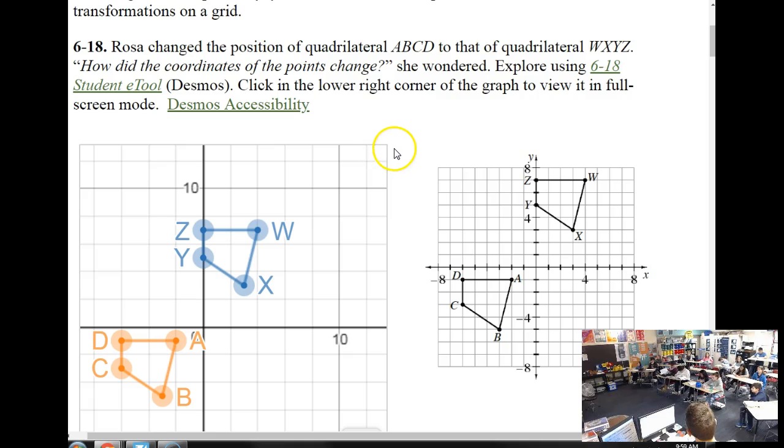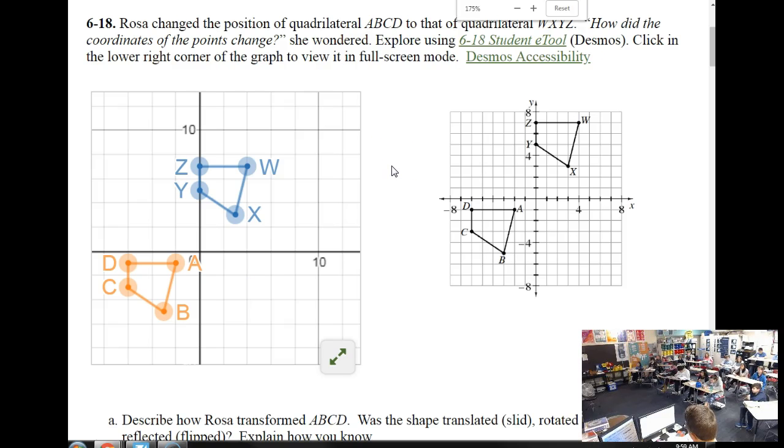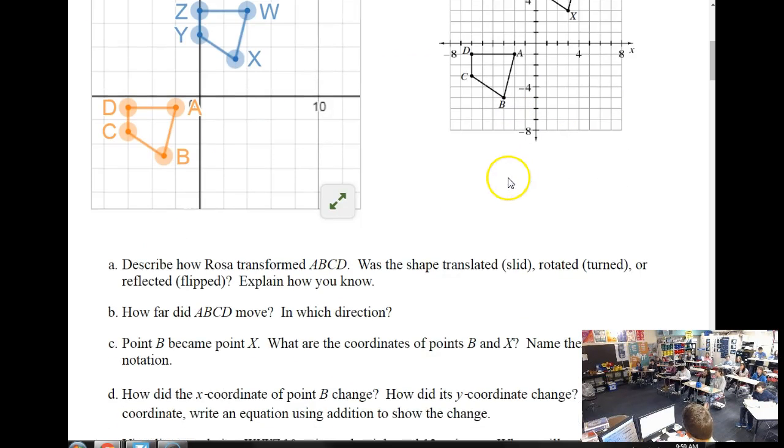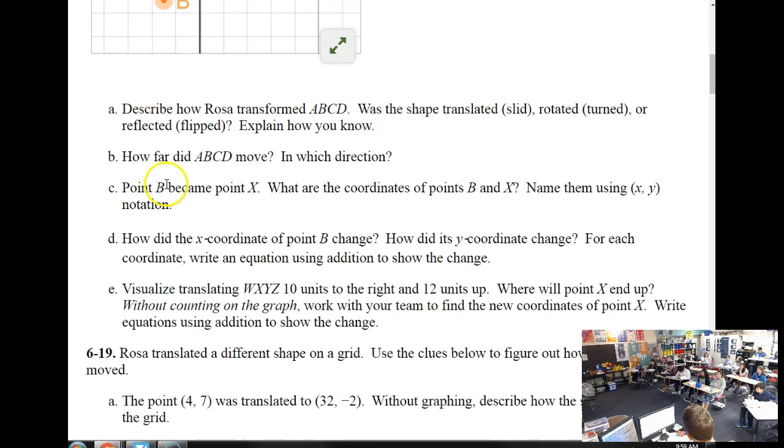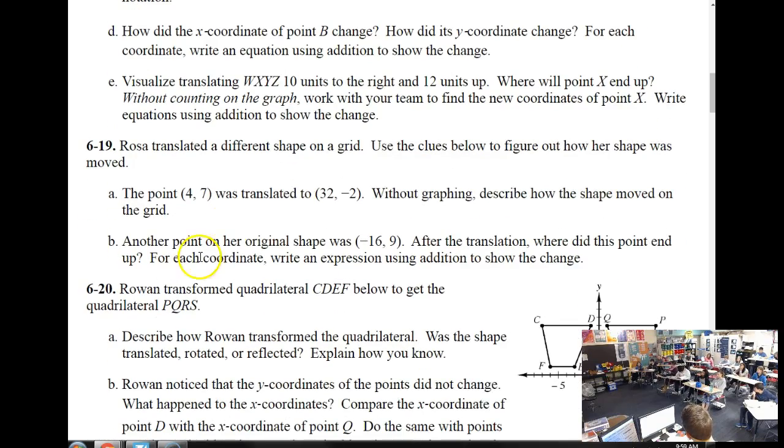So your goal, for you and your partner, and potentially a group of three if you so choose, is to work through 18. It's probably going to be pretty easy to figure out how A, B, C, D got over to W, X, Y, Z, answering these quick little questions. Then move on to 19.